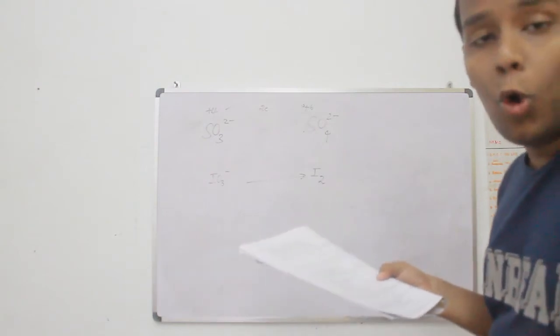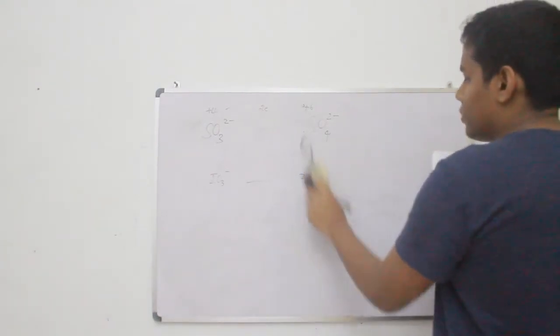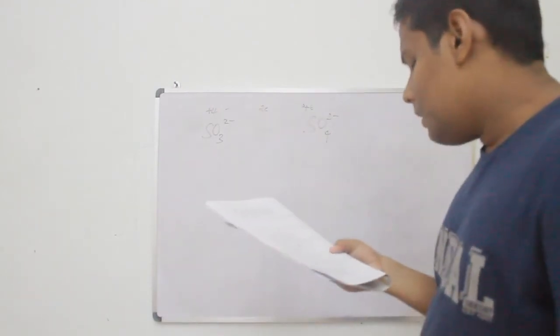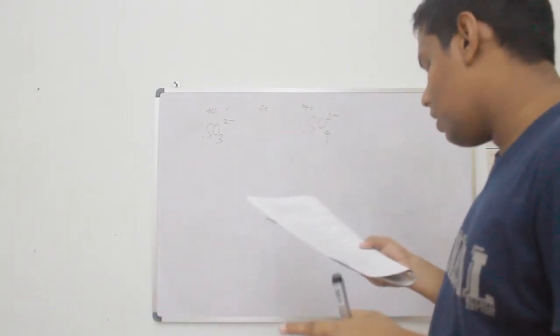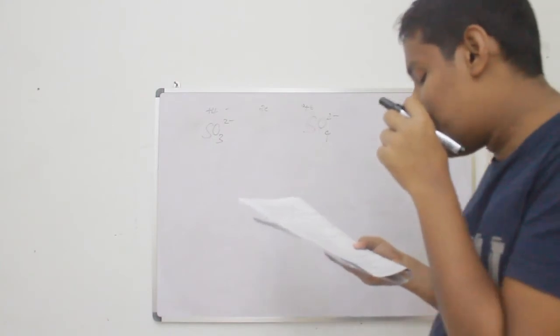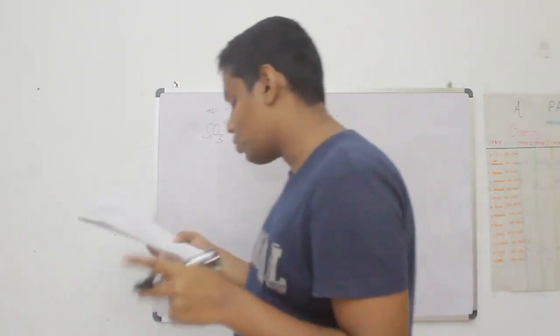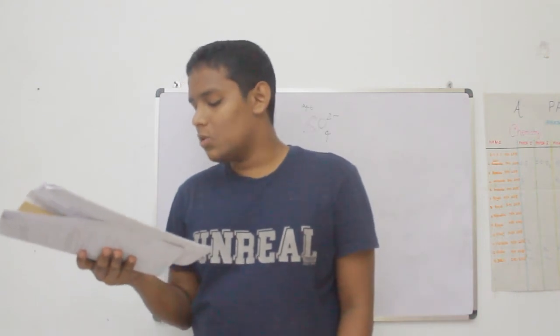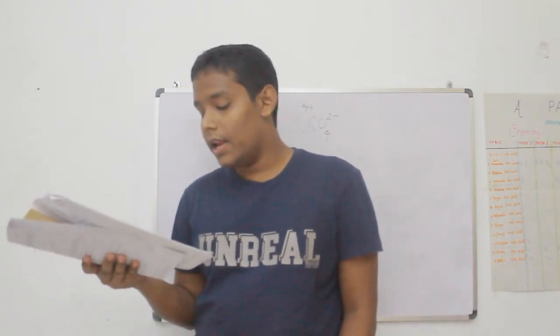We don't know actually to which species it goes. We know only this: the mass of KIO3 required to totally oxidize the amount of Na2SO3 present in 25 cubic centimeters of a solution of Na2SO3 to Na2SO4.